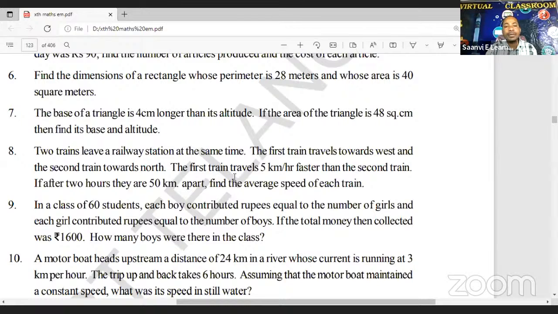So what information is given? The first train is traveling 5 km per hour faster than the second train. Okay. If after 2 hours they are 50 kilometers apart, find the average speed of each train. This we have to find out. Okay.